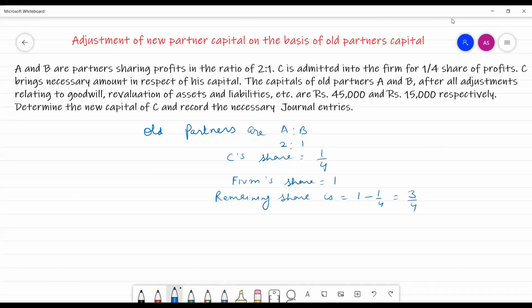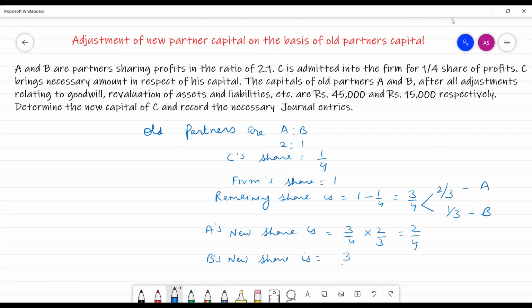That would be taken by A and B in the ratio 2/3 by A and 1/3 by B. A's new share is 3/4 into 2/3, that is 2/4. B's new share is 3/4 into 1/3, that is 1/4.